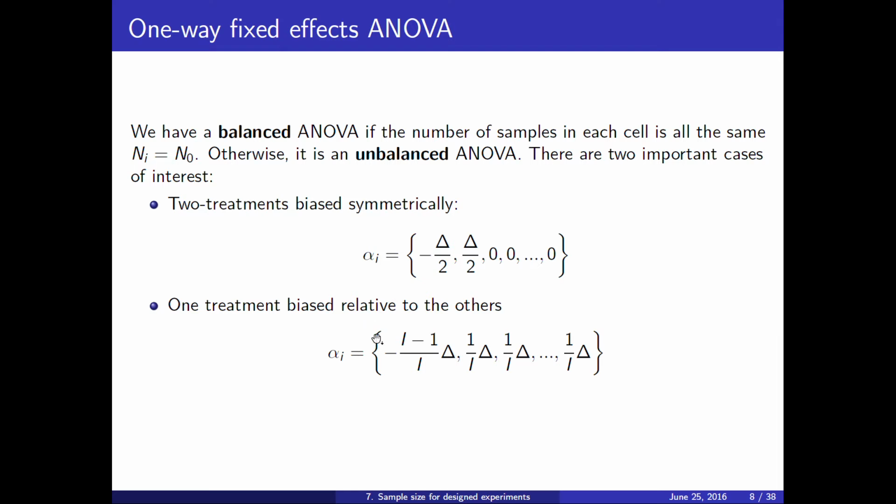The other is when only one of them is different, and this is the distribution of weights that we have. All of them are equal except one that is of this size. Why these specific values? Because the sum of all the alphas has to be 0.